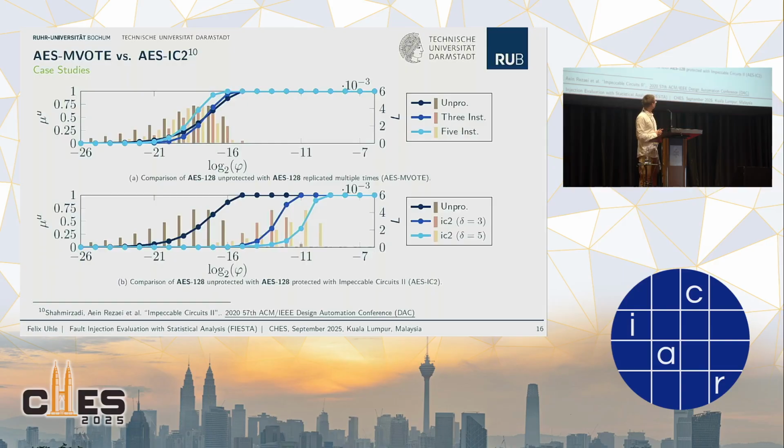And then here we have two different protection strategies. In figure A, the top one, we have AES protected with a majority vote, with 3 instantiations, the middle blue line, or 5, the light blue line, of a full AES, all rounds, so the full AES is computed and then the output is fed to a majority vote. What we can see here, and that's the interesting point of this slide, is that already for 2 to the power of minus 17, the line of the unprotected AES, the dark blue line, is below the lines of the protected ones.